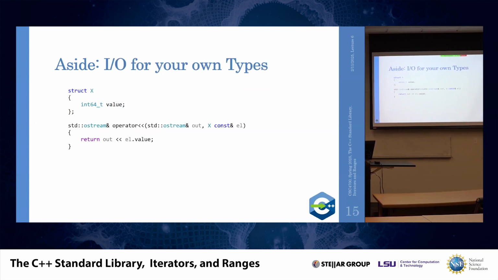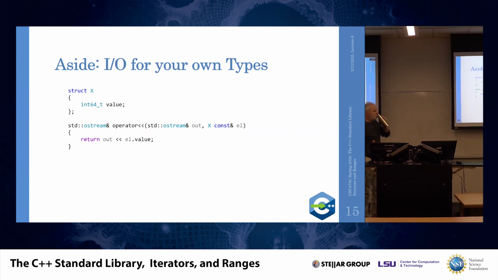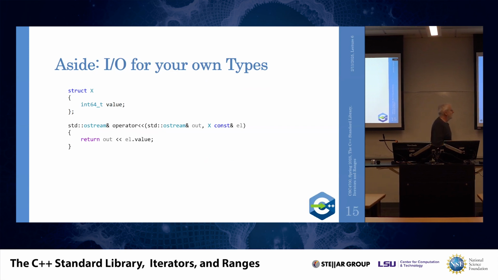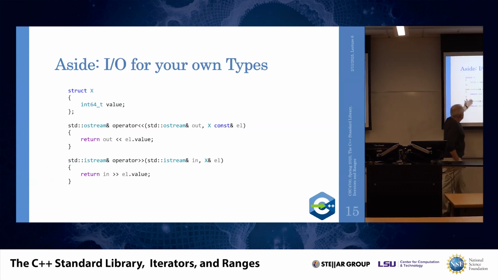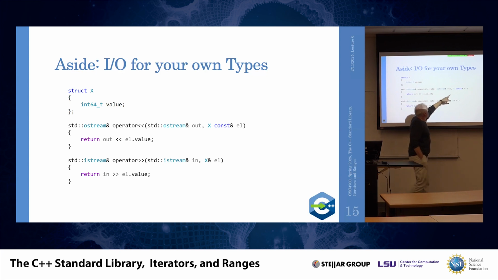But the best thing of all is that you can define your own streaming operations for your own types. So let's say we have a type x that contains an integer value. Then I can define two operators, the left shift operator, which is a streaming operator, and the right shift operator with two arguments.